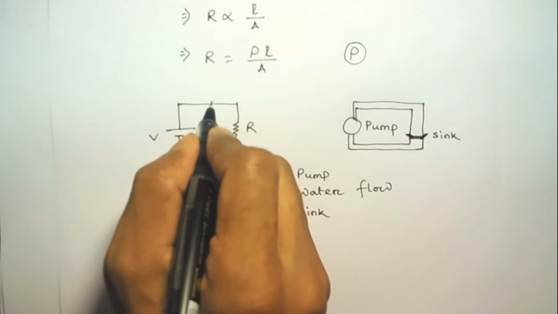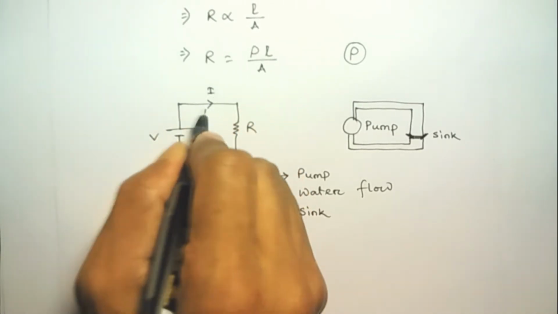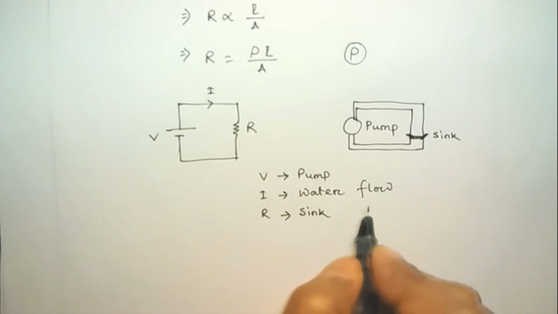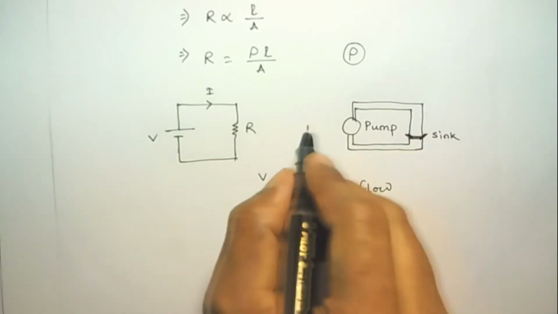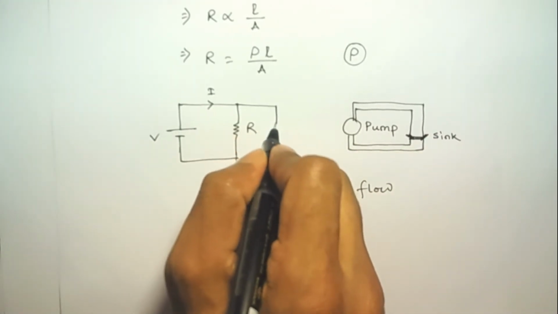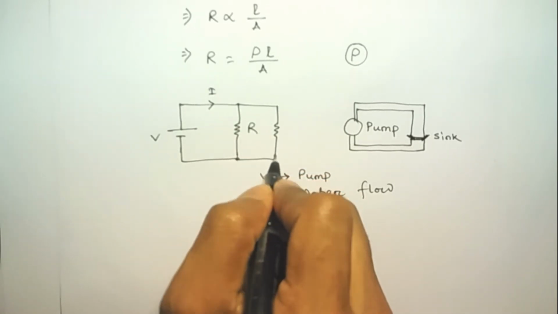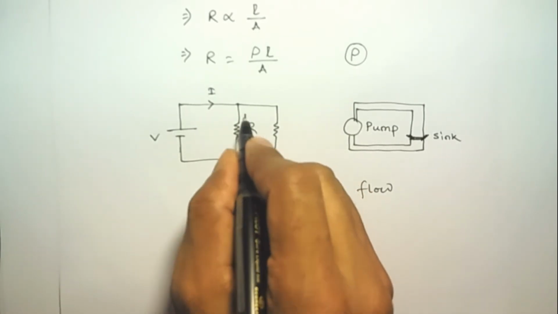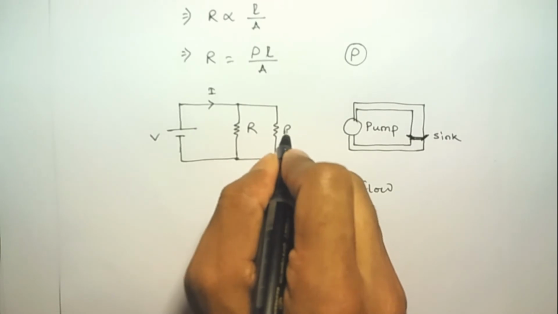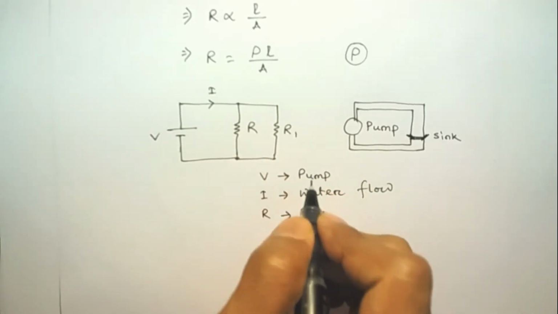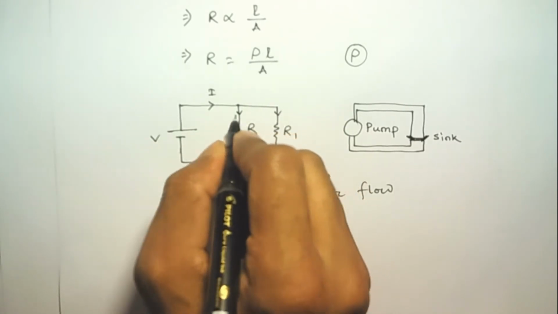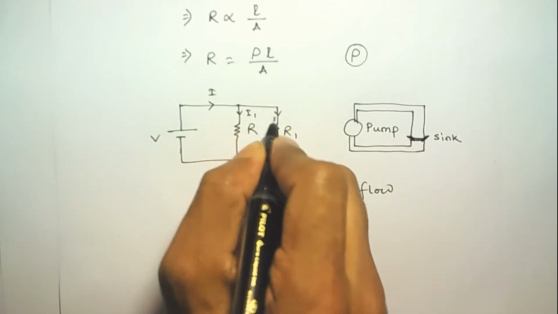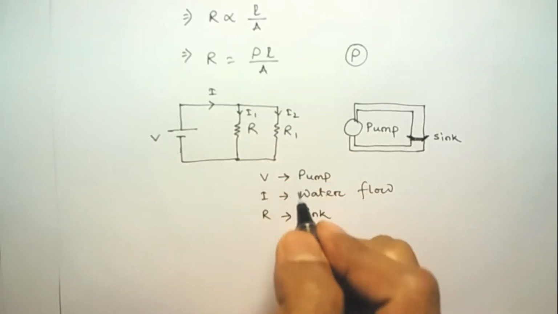So in this case, current I flowing through this path is the same and the water also the same, until and unless we connect another resistance, R1, in parallel with this resistance. So current will be divided in two paths, I1 and I2.